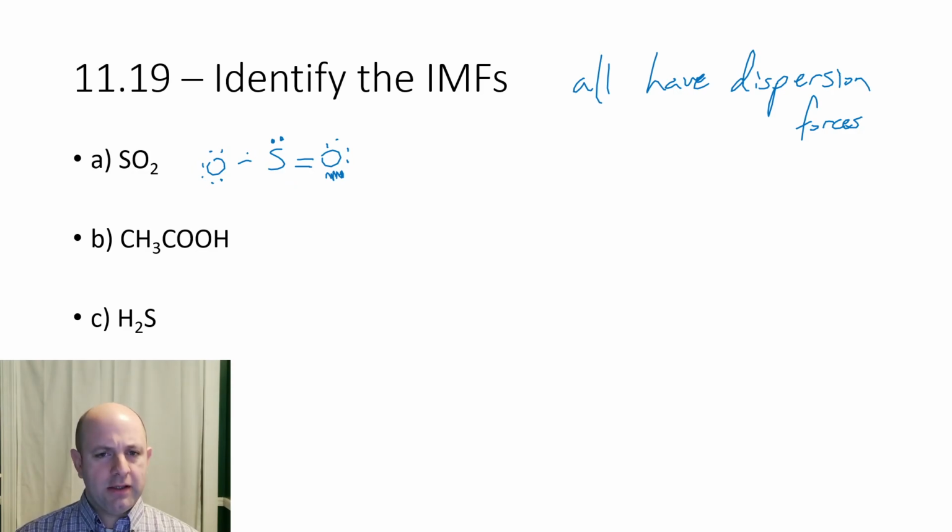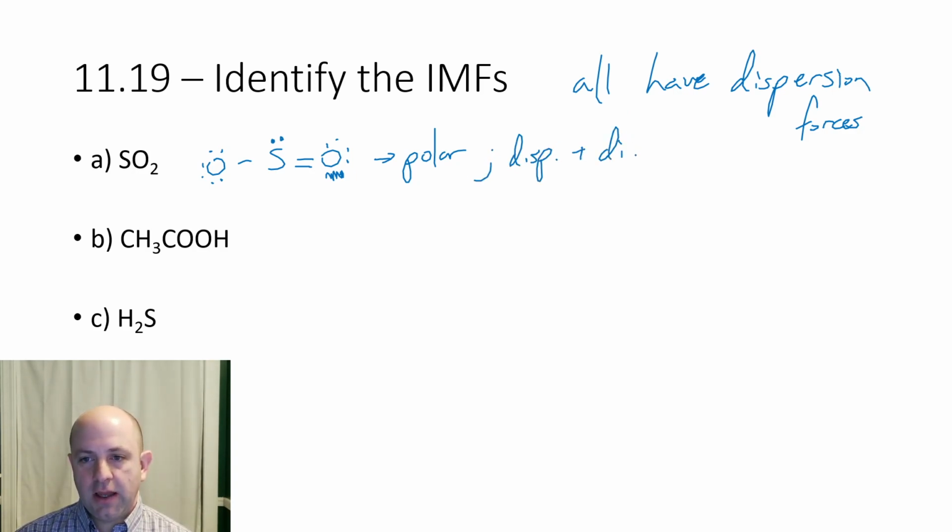And now we say, okay, from Chapter 9, there are 3 domains around the sulfur. That's trigonal planar. Oh, but only 2 of them are bonding, these 2. That's a bent molecular shape. With polar bonds and a bent shape, this is going to be a polar molecule. So now when we go through, we say, okay, SO2, it's going to have dispersion forces.